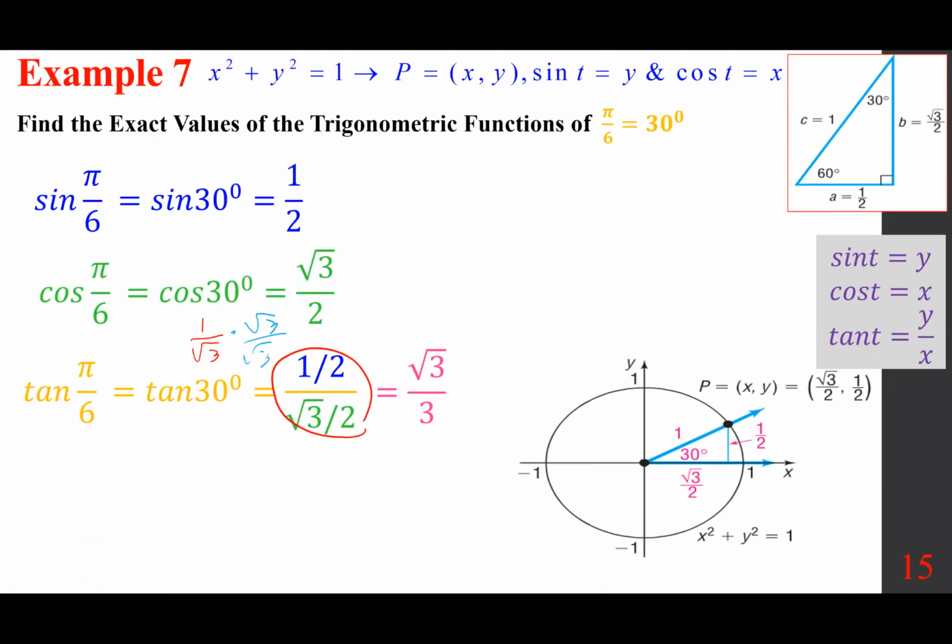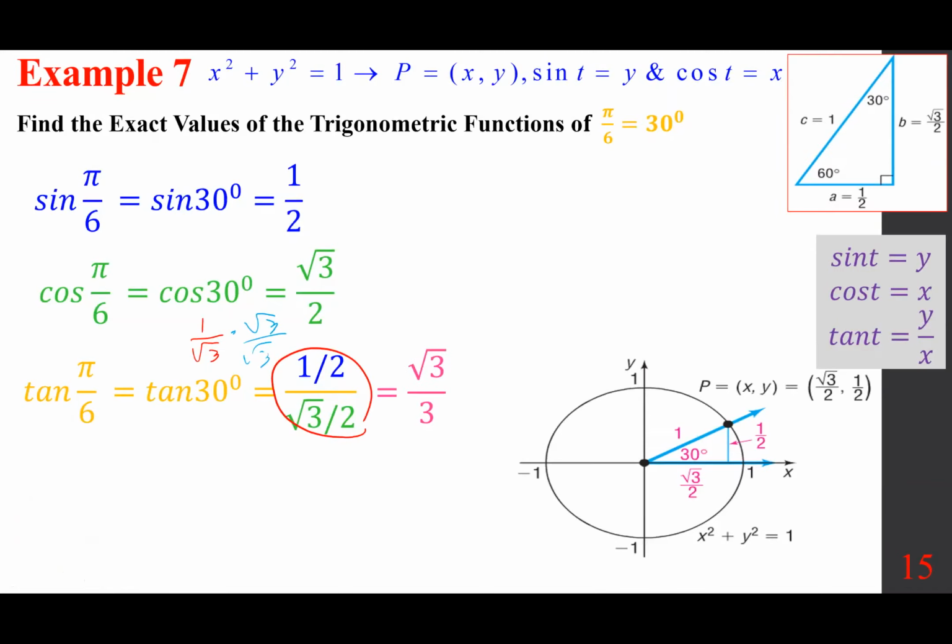Again, common arcs that we should know when it comes to 30 degrees, 60 degrees, so on and so forth. I can't emphasize this enough. You have to memorize it. And remember the relationship between 30 and 60. By the way, sine of 30 is the same as cosine of 60 and vice versa. And that's a relationship in a triangular shape, okay?